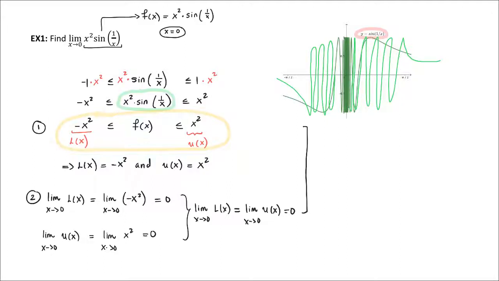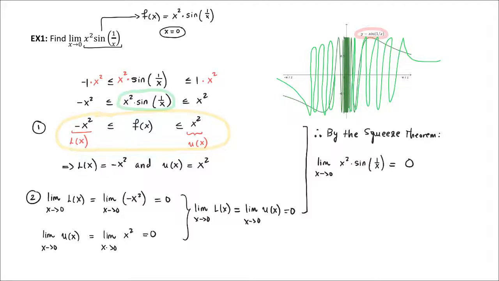So with those two conditions, we can conclude, therefore, by the squeeze theorem, the limit as x goes to 0 of f of x, the function in the middle, in this case x squared times sine of 1 over x, is going to exist and is going to have the same limit as U and L, which in both cases is the same, 0.